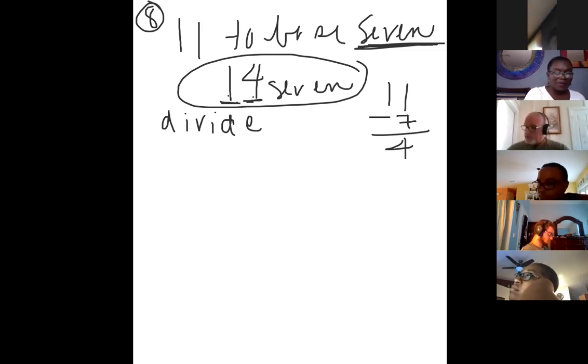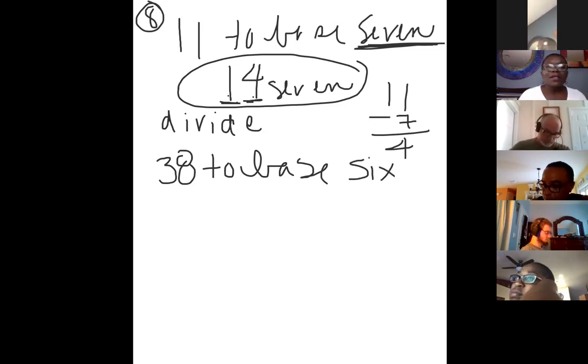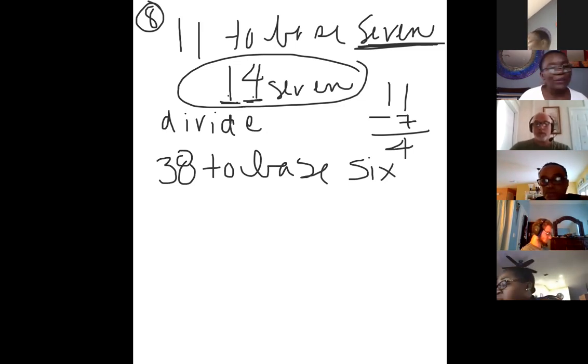Okay, so here comes the next one. And this one right here, we're going to do 38 to base 6. Now guys, quick question. Can we just do 6 goes into 38 how many times? I don't think that'll work. No, you can't do it on that one, okay? For this one, when you convert it, you actually have to write the place values.